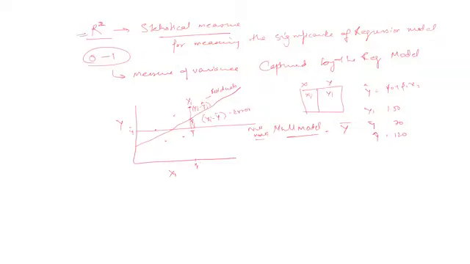So how will we do it? Let's suppose this is my total error from yi till this y bar.